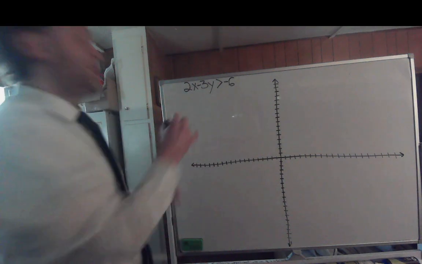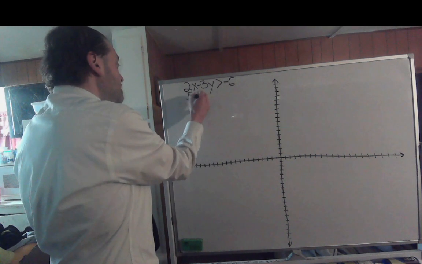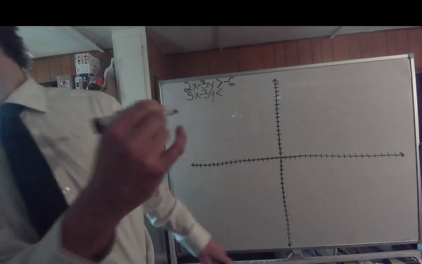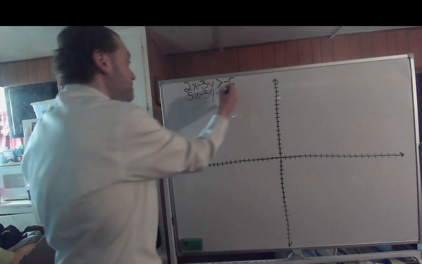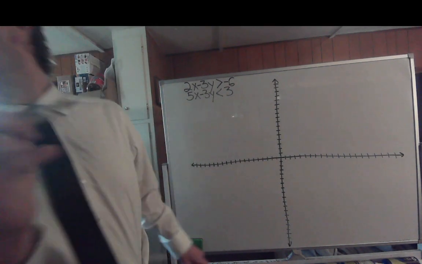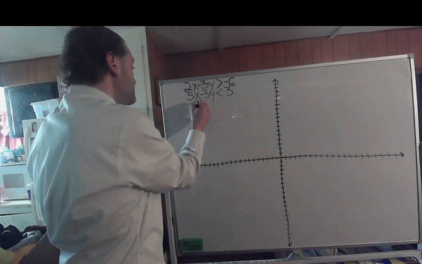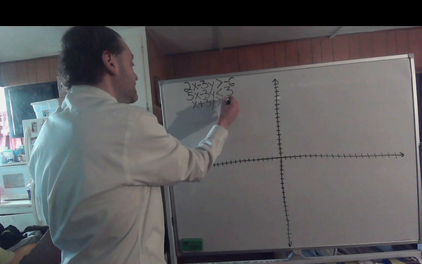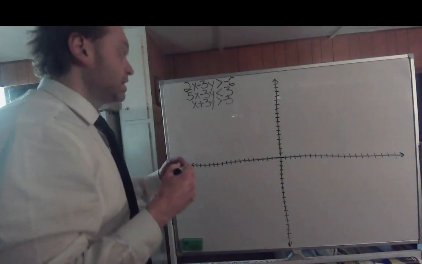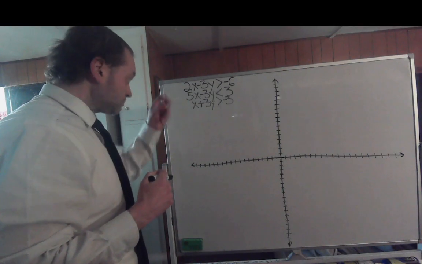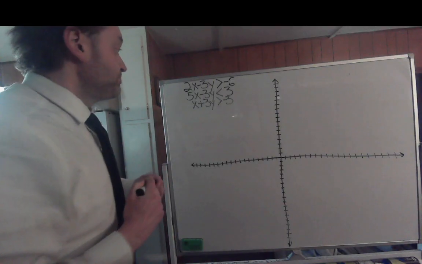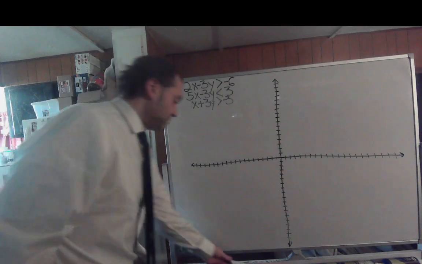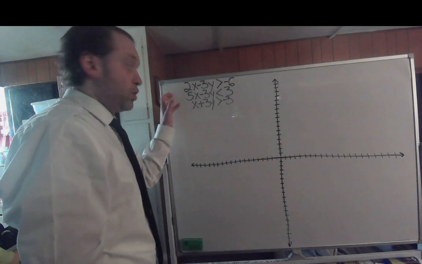We have 5x minus 3y is less than 3. Then we also have x plus 3y is greater than negative 3. So we got these three inequalities in the system.